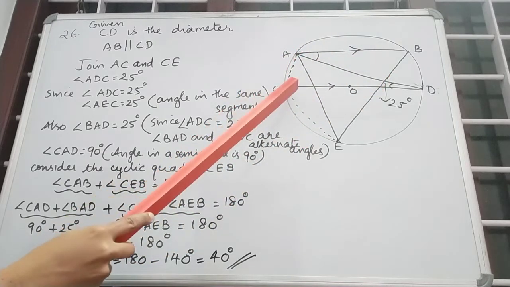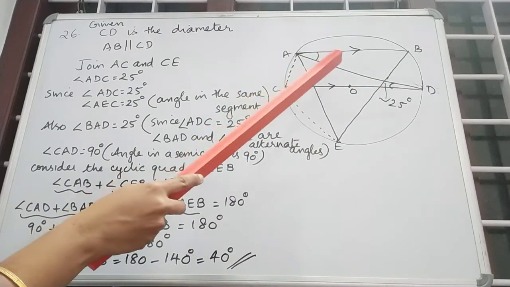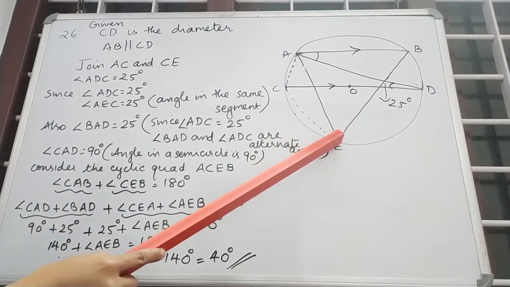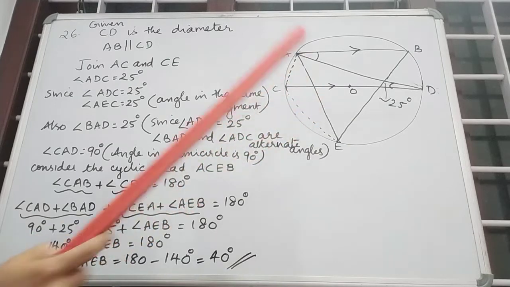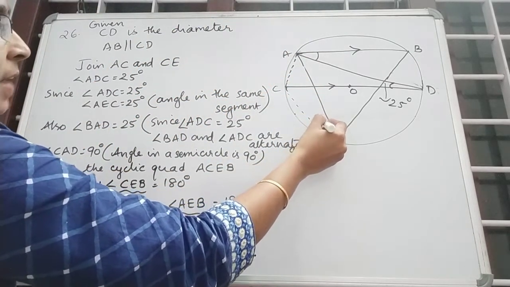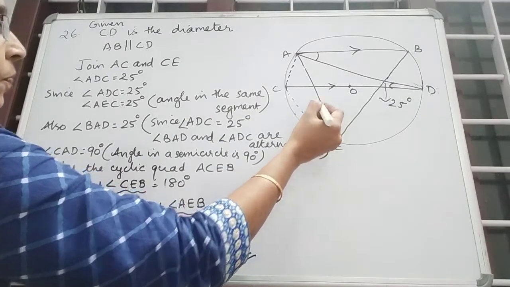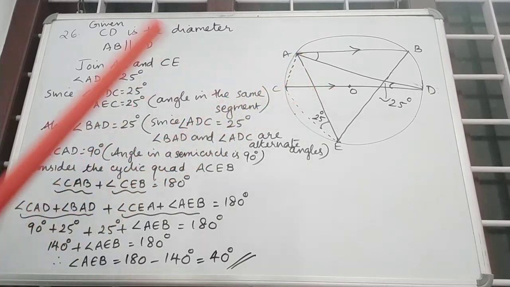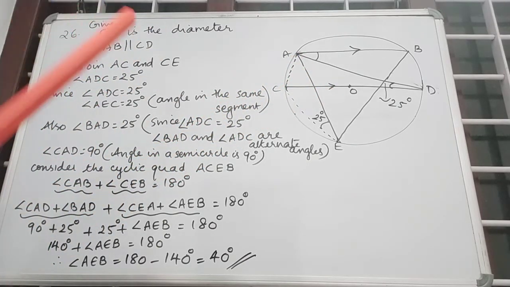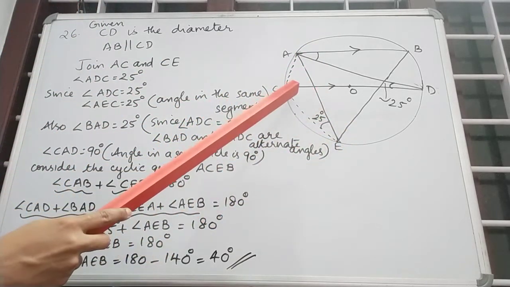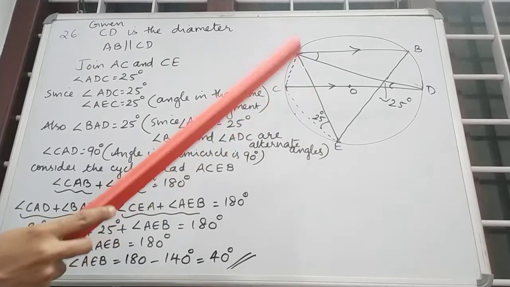So the same segment angle AEC will be what? That also will be 25 degree. This angle AEC, that is angles in the same segment. Angles in the same segment are equal. So angle AEC will be 25 degree.